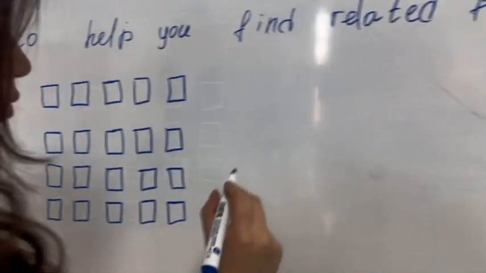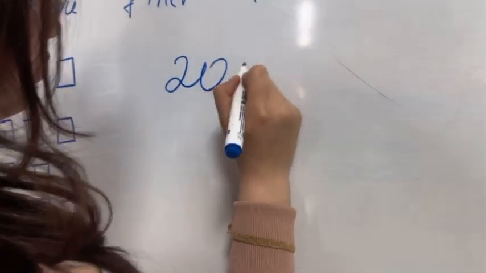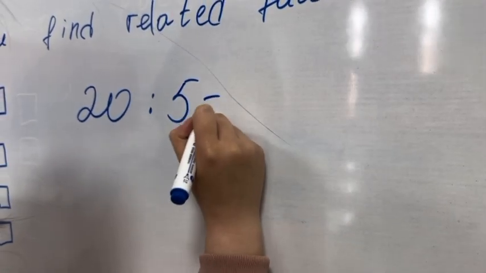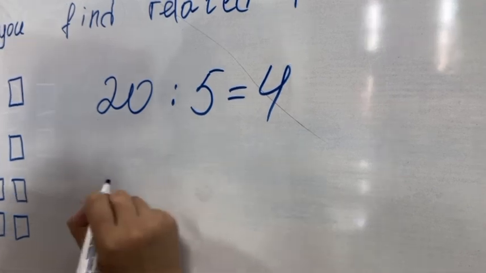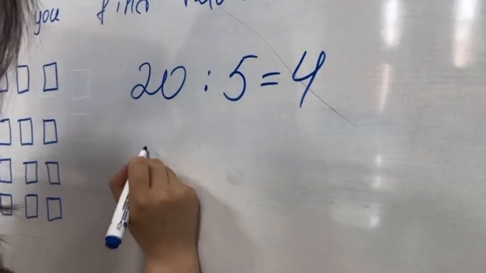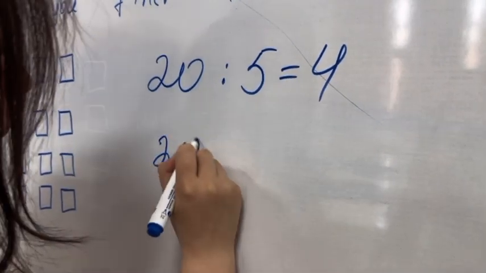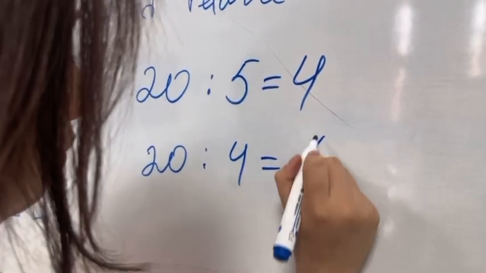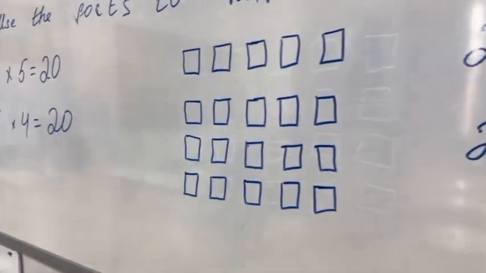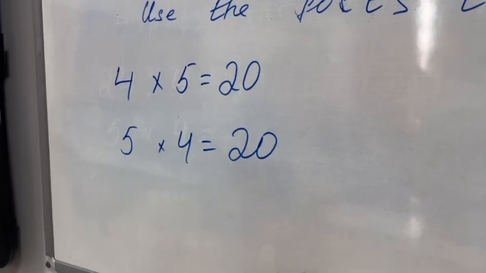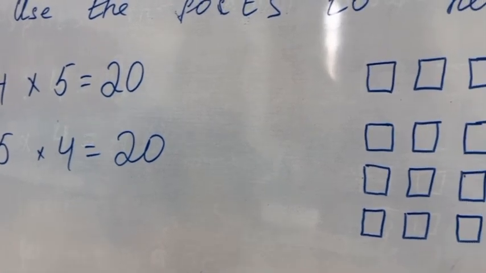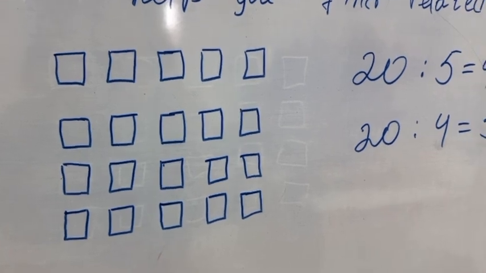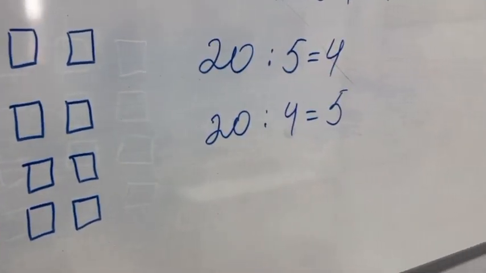Then 20 divided by 5 equals 4, and 20 divided by 4 equals 5. These 4 facts make up a fact family for the numbers 4, 5 and 20.